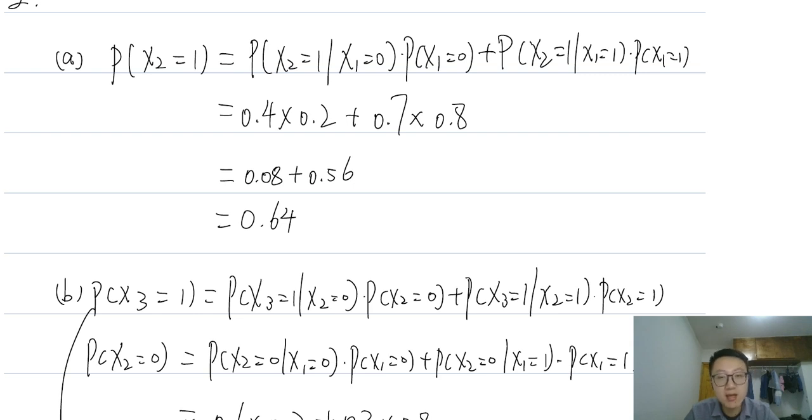So question A is very easy. The probability that x2 is equal to 1 has two conditions. Condition 1 is when x1 is equal to 0, and condition 2 is when x1 is equal to 1. We can just add them to get the result. So the probability that x2 is equal to 1 is equal to the conditional probability of x2 equal to 1 given x1 equal to 0, times the probability that x1 is equal to 0, plus the conditional probability of x2 equal to 1 given x1 equal to 1, times the probability that x1 is equal to 1.